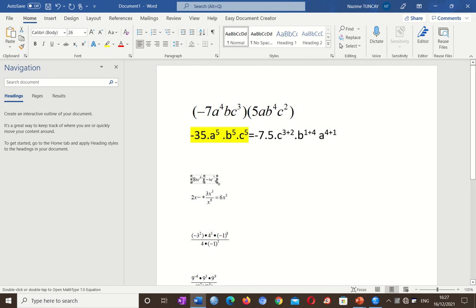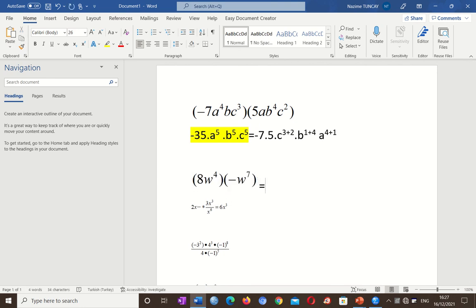This is the second question that I have shown you. Now, what does this mean? This means that 8 multiplied by -1, multiply by w to the power, what is this? I have 4 plus 7.